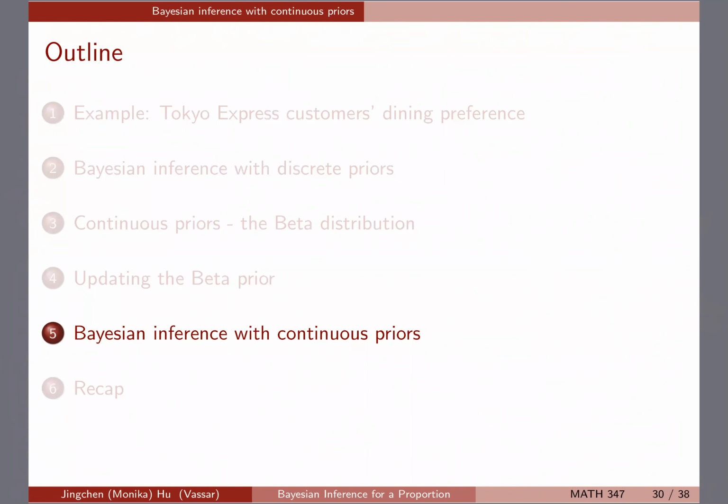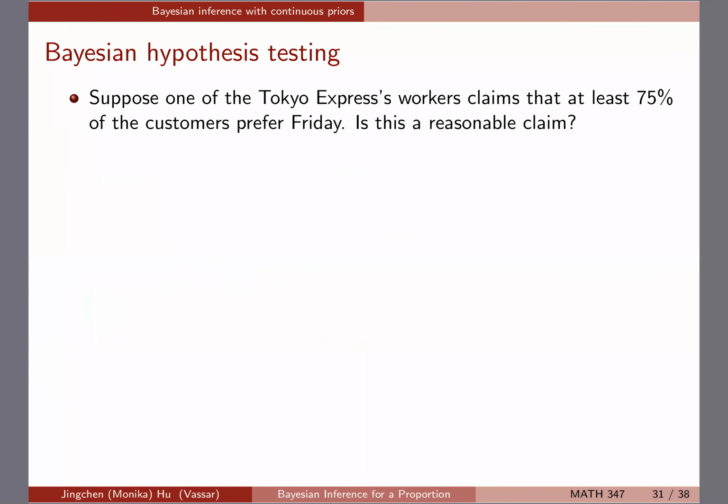Okay. All right. So one thing you can do, just like in the frequentist approach, is hypothesis testing. Bayesian hypothesis testing, here is a simple demo. Suppose one of the Tokyo Express's workers claims that at least 75% of the customers prefer Friday. Is this a reasonable claim?